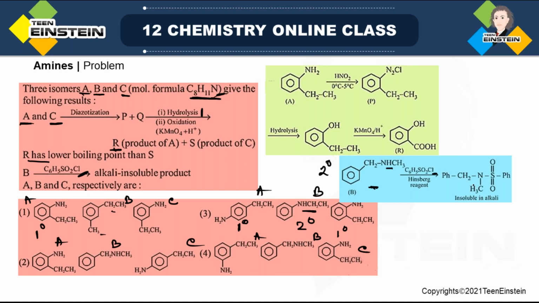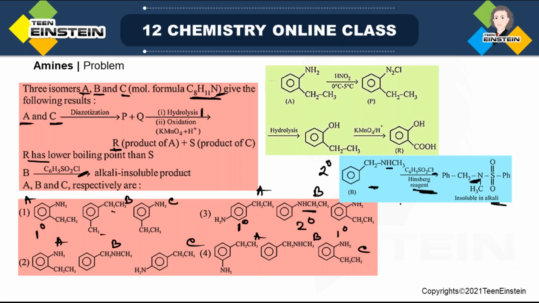Now here we do not have any hydrogen attached to N, and that is the reason it is insoluble in alkali. Suppose it is 1 degree, there will be 1 alkyl group less and 1 H extra, and that H is attached to N, and that is the reason this H is acidic and it becomes soluble in alkali. But when it is a 2 degree amine, Hinsberg reagent will produce a compound which is insoluble in alkali. So B must be 2 degree.